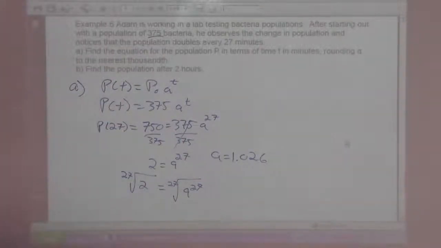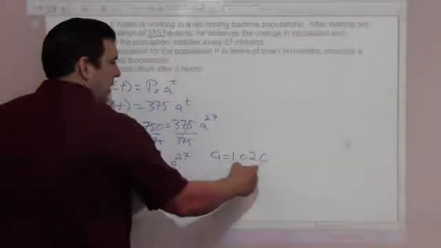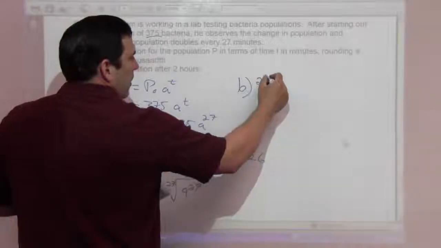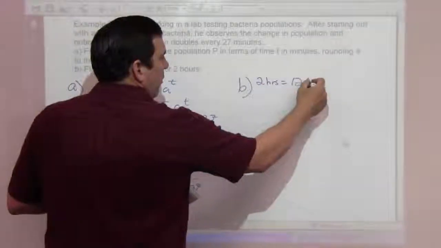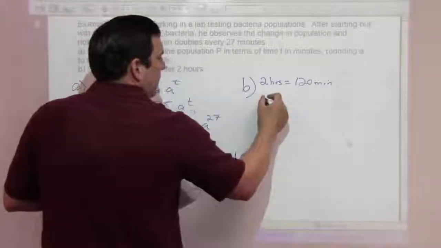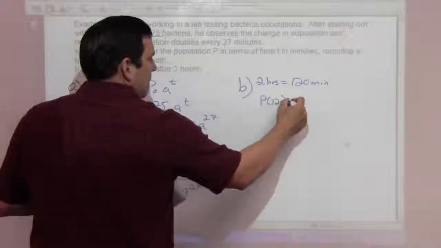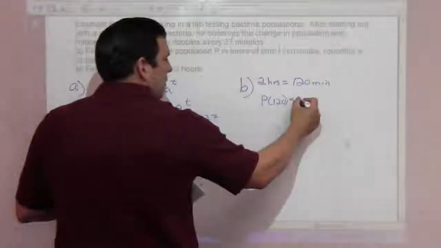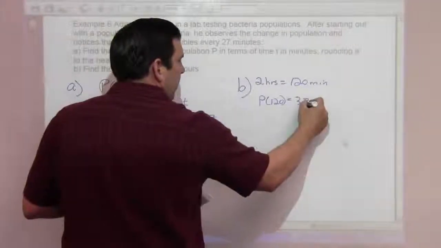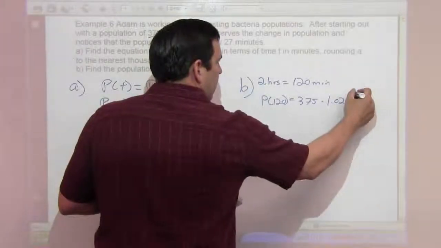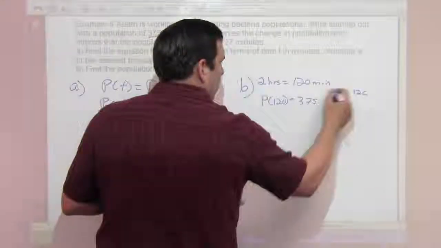Part B says find the population after 2 hours. Now this is based off a minute rate, so 2 hours equals 120 minutes. The population after 120 minutes is going to be our initial population, 375, times 1.026 to the 120 power.